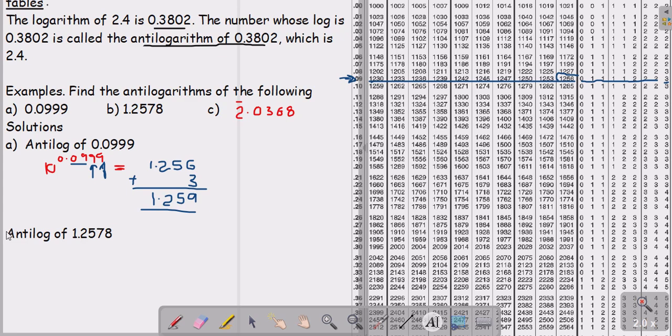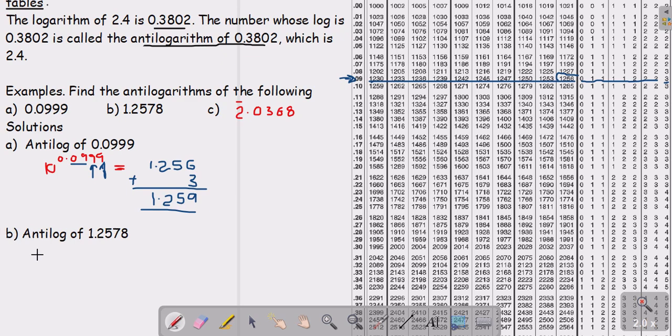This is B, antilog of this. Still we have to write it as 10 raised to power 1.2578.